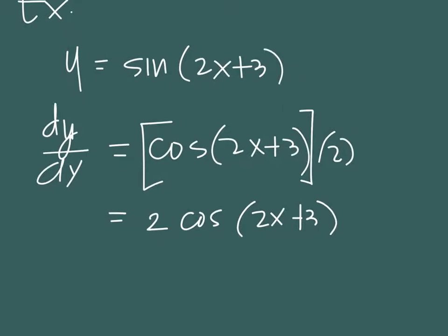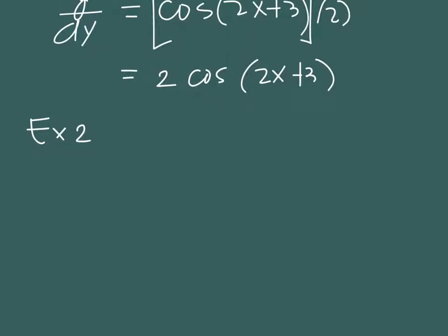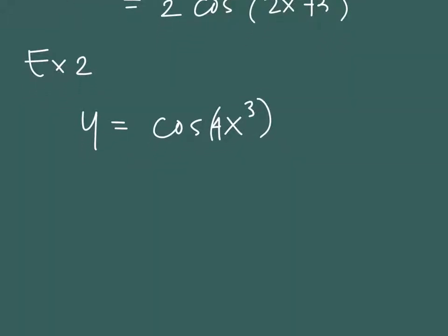Example number 2. And before we go for a break, y is equal to cosine of x to the, o lagyan natin, 4x cubed. Y is equal to cosine of 4x cubed. dy over dx, di ba, letter C na yung umpisa niya.